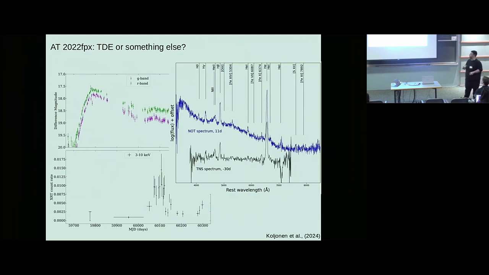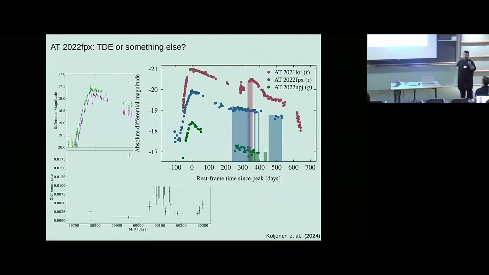So one interpretation we've been toying with is that this might be a Bowen fluorescent flare, which you also heard about in the previous talk. Here is the light curve of a coronal line emitter in green, FPX in blue, and then red is one candidate Bowen flare. As you can see, the shape of the light curve and the duration match the Bowen flare more. When you have this sort of bump, this happens for us when we have the X-ray flare.